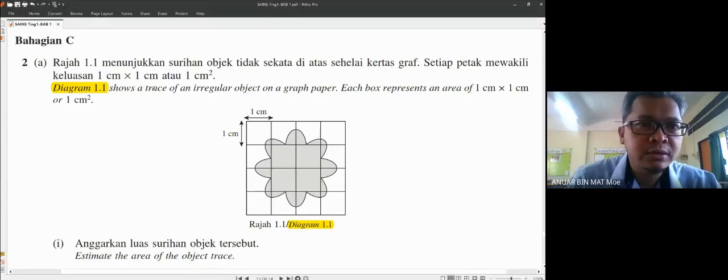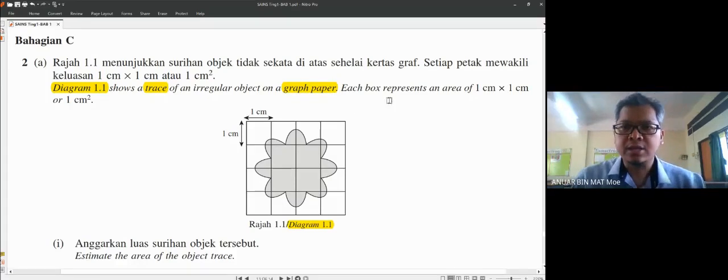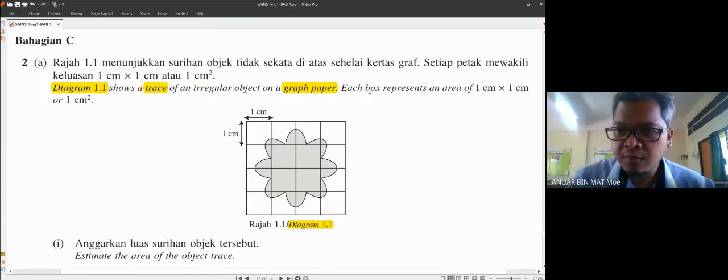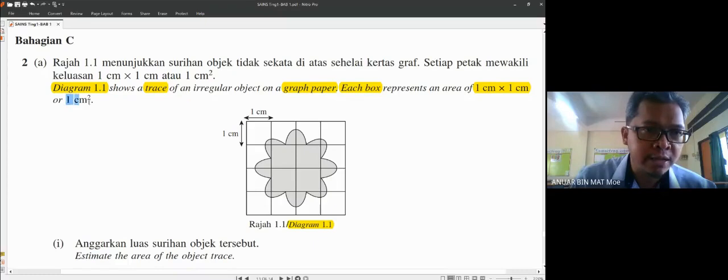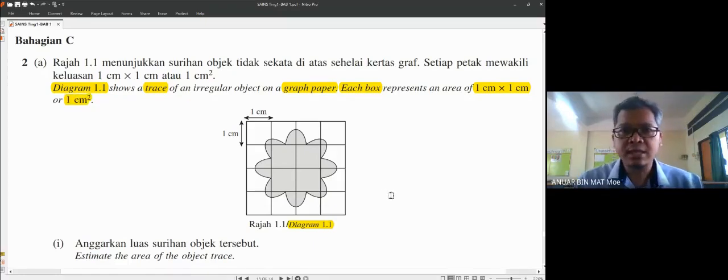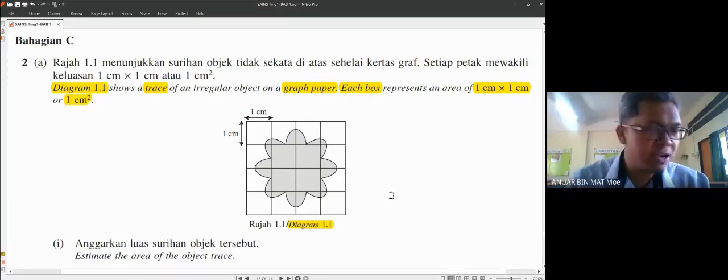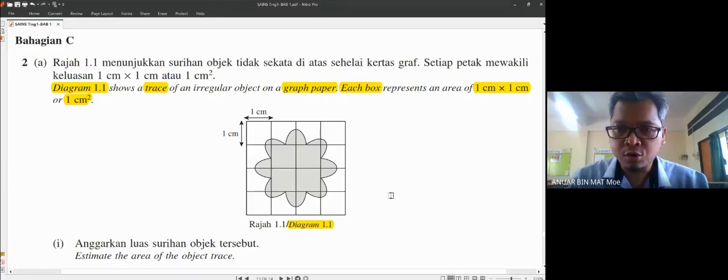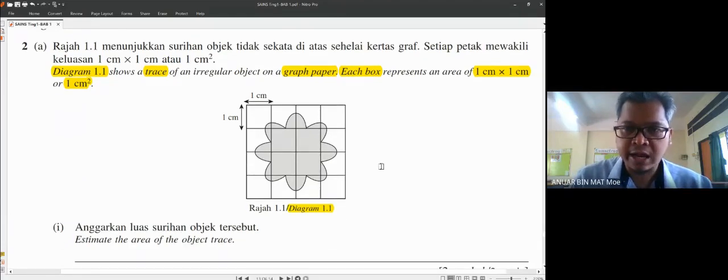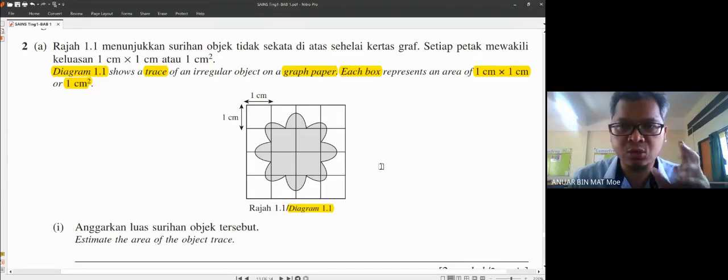It shows a trace of an irregular object on graph paper, and each box represents an area of 1 centimeter by 1 centimeter, or 1 centimeter square. This is the information given to help you understand the question, which you need to know before you answer.